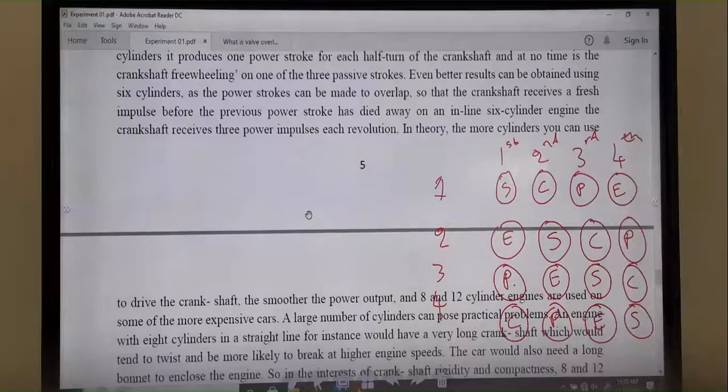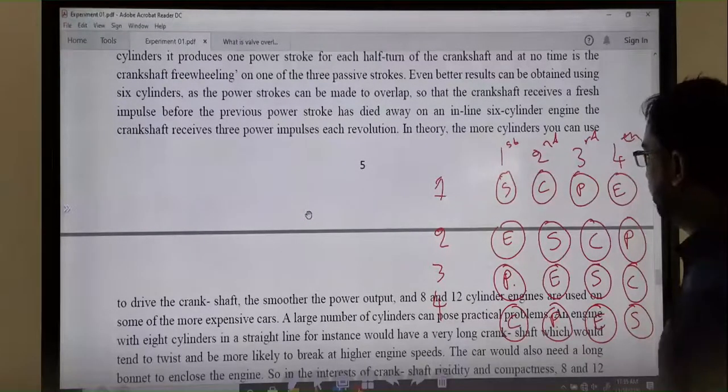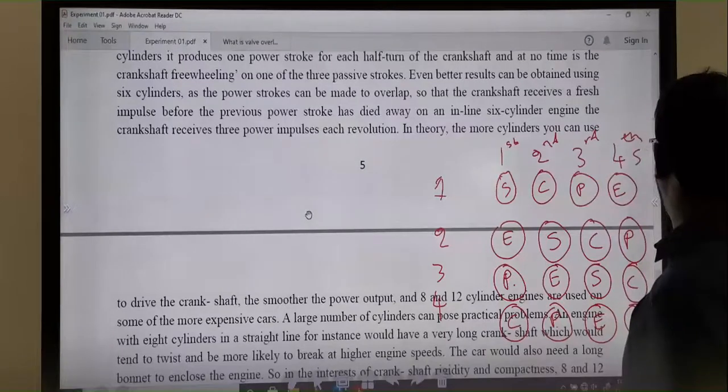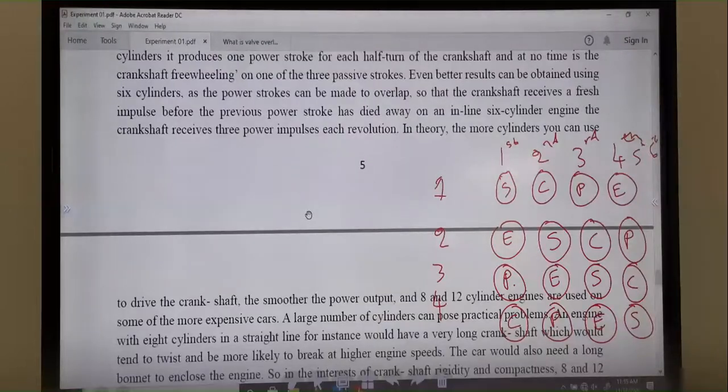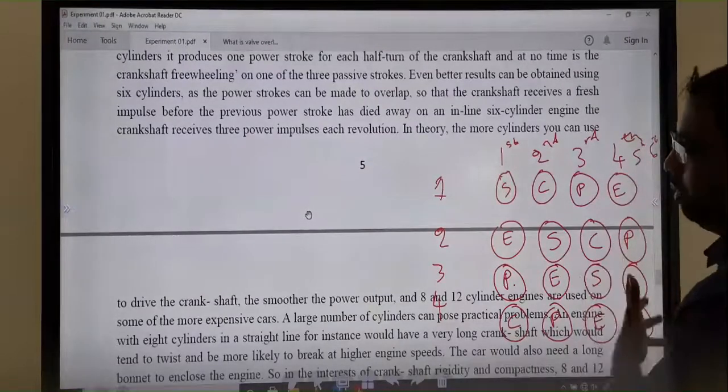But in the six cylinder, what happened? The six cylinder has a fifth, sixth, but there is a four stroke in the engine. So that means that is overlap.